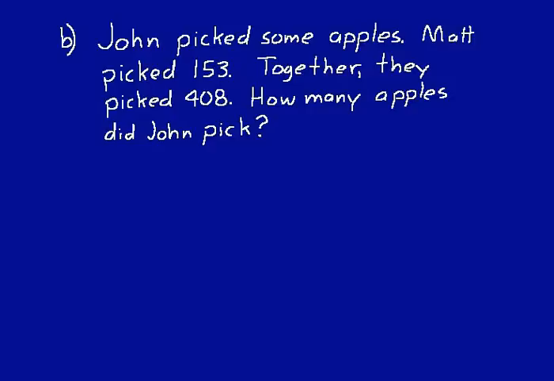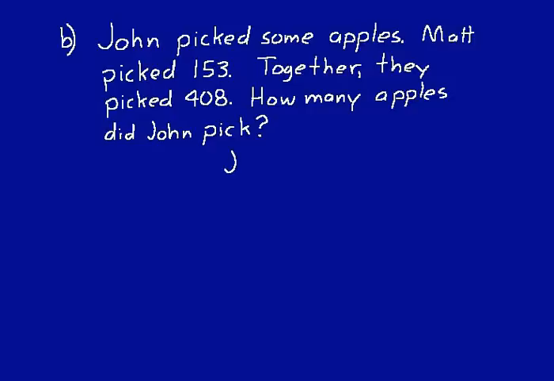In these problems, there's always going to be some unknown that you're trying to figure out. And look again for keywords. Together, there's a key word again in that problem. We know that together, in order to get two things together, or a total, we have to add. So we know how many apples Matt picked. We don't know how many John picked. That's the question.